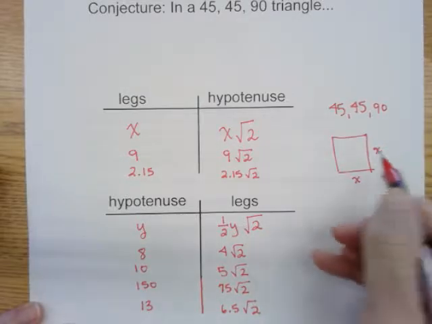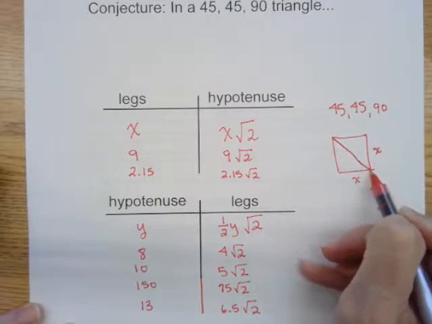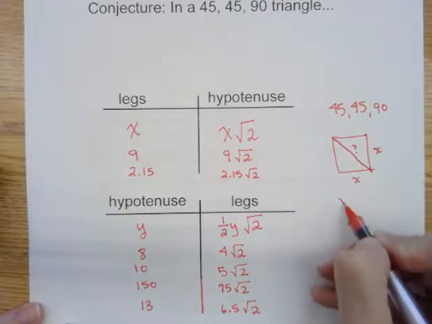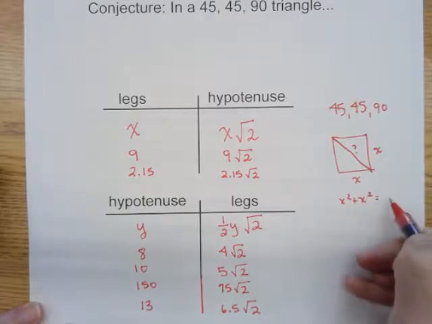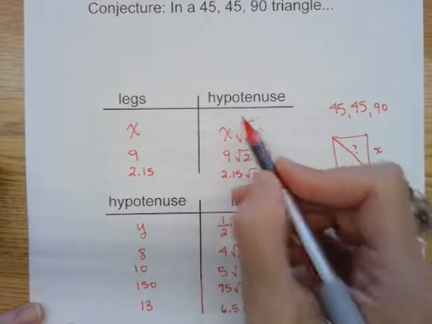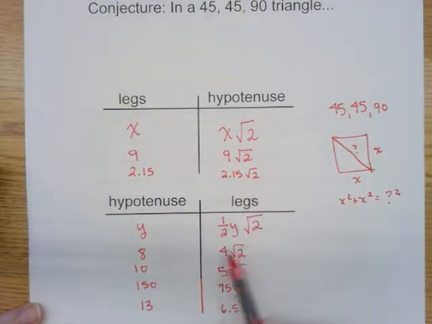If we do the Pythagorean theorem, x squared plus x squared equals question mark squared. If I put numbers in here, we'll find out that it's always going to be x root 2 or 1/2 y root 2. So there's our 45-45-90.